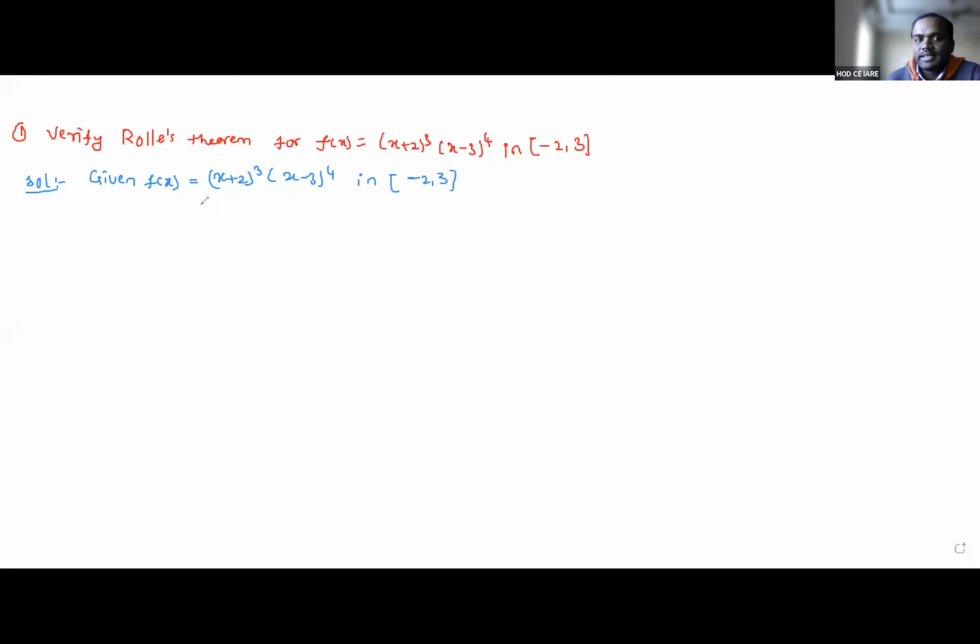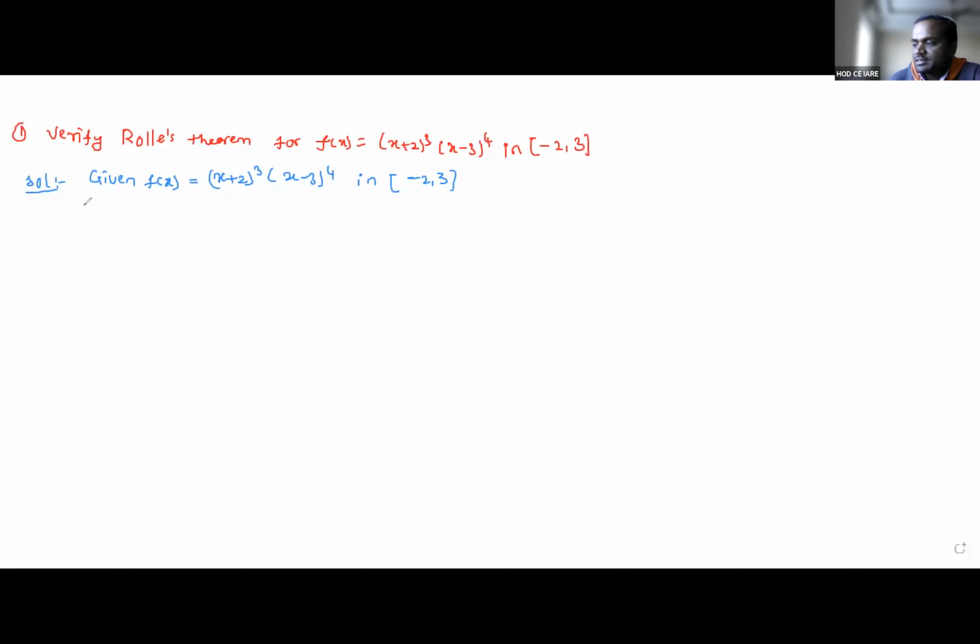We observe this is a polynomial, like an algebraic expression. So this algebraic polynomial is a continuous function in the interval of minus 2 comma 3.